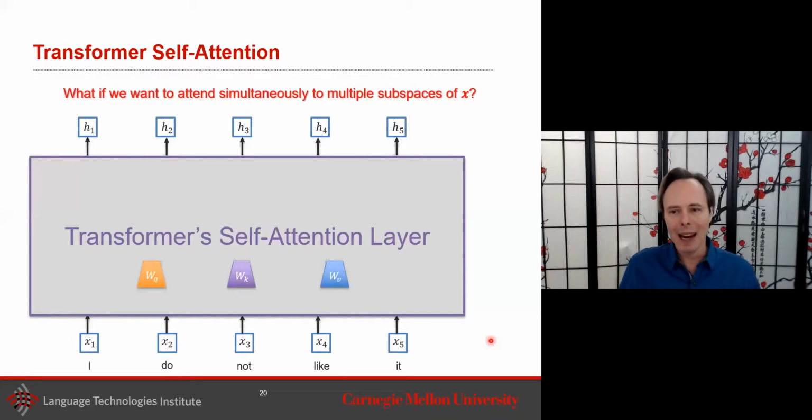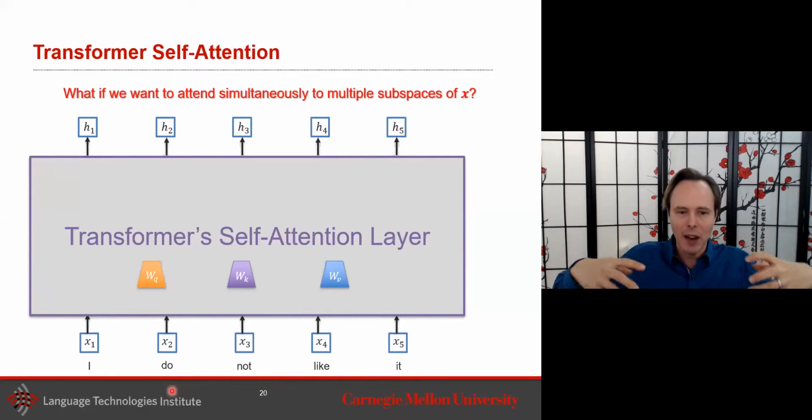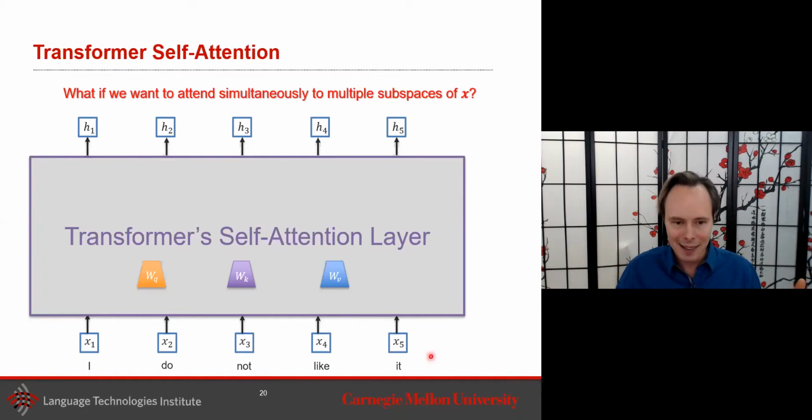So what happens if we want to attend simultaneously to multiple subspaces? Right now, maybe there is a self-attention that's just about contextualizing my sentence by looking at negation, let's say. And you could imagine there's another type of interesting relationship in language, maybe co-reference, like "it".